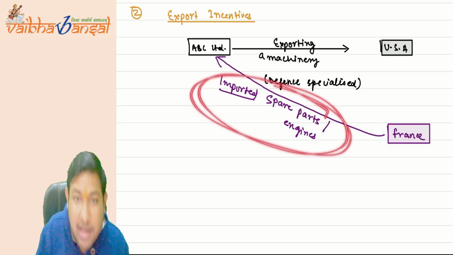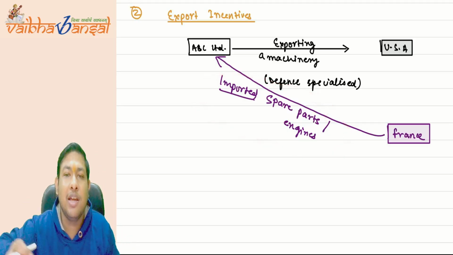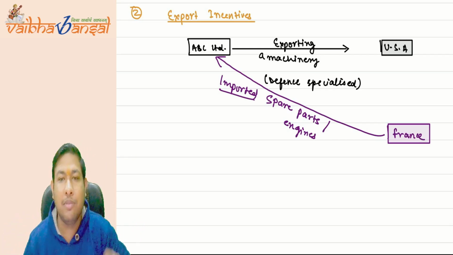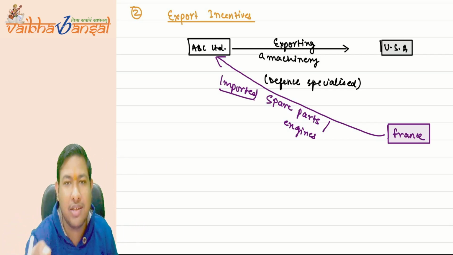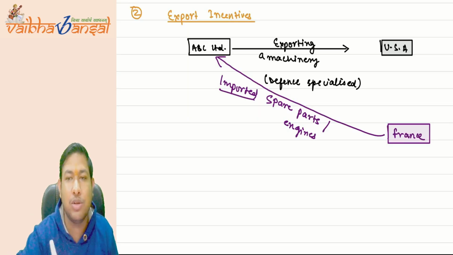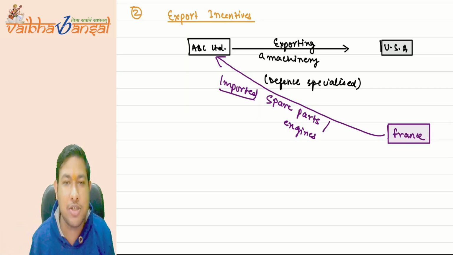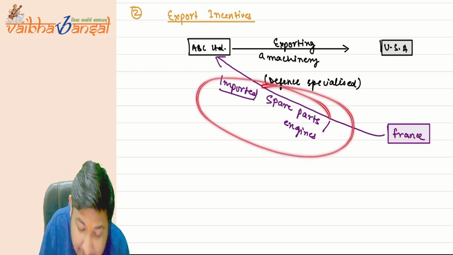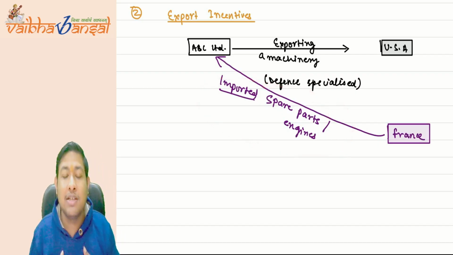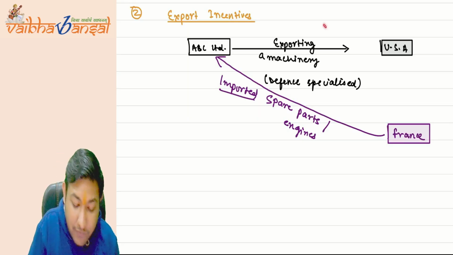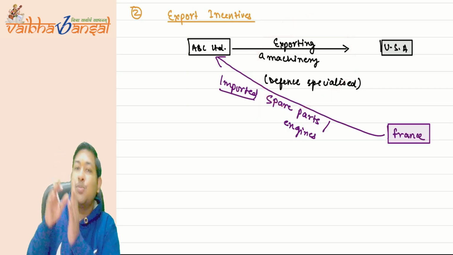We will give you import incentives. We will not charge you customs duties, or we will give some other benefits to you. So for importing these things, we get some benefit because we were exporting something.